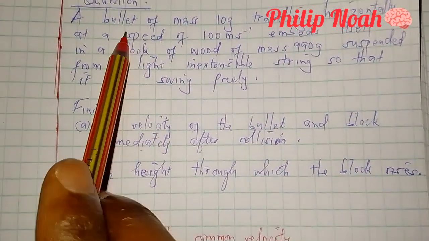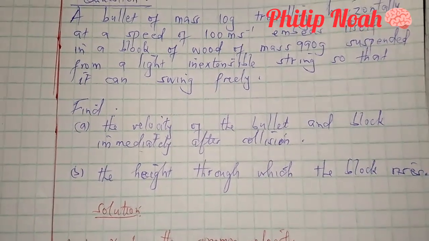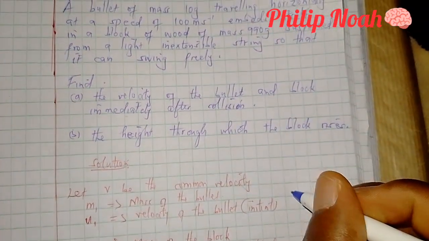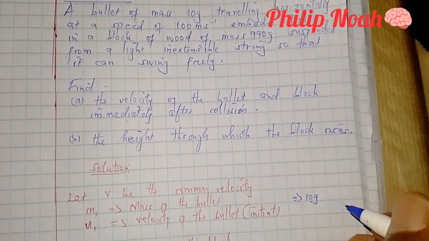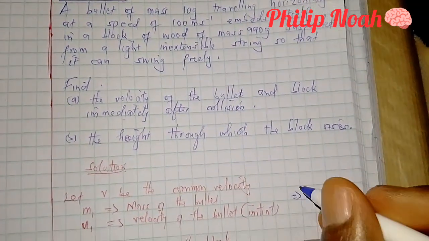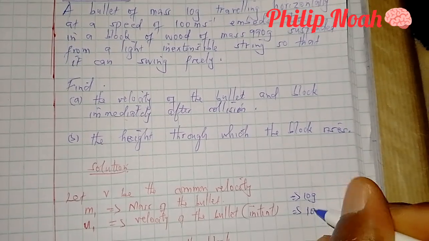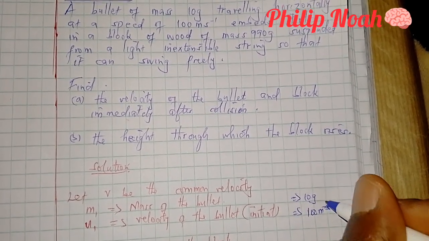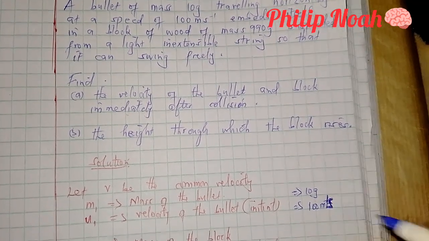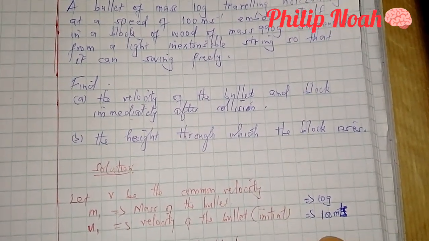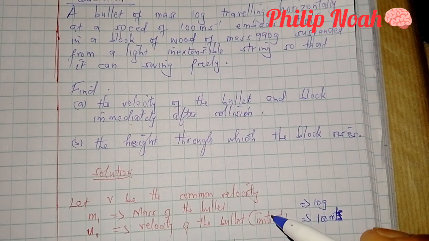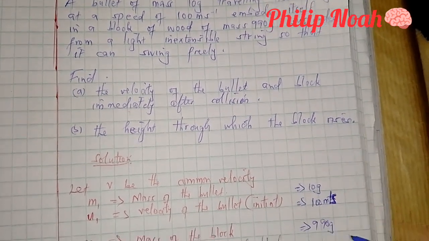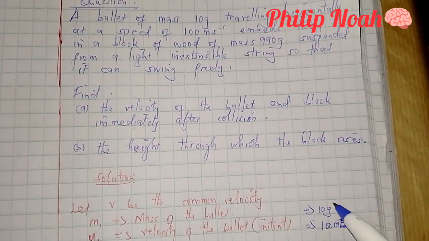So we have been given the mass of the bullet as 10 grams, the initial velocity as 100 meters per second, and the mass of the block as 990 grams.